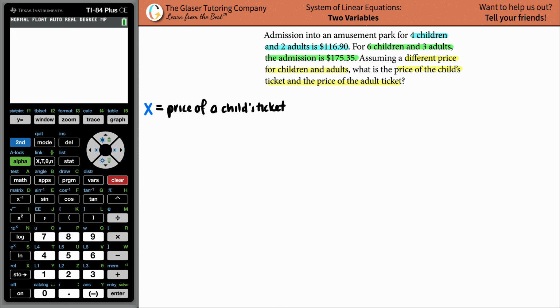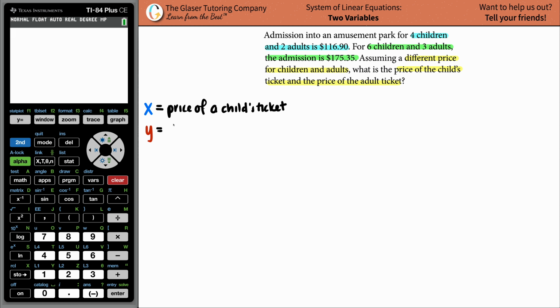And now we also need to find out the price of the adult ticket. Since they are different prices, it said assuming a different price for children and adults, I can't say that this is X again. If it's both X's, that means they are going to be the exact same price. So you have to use a different letter. If you say X, then the next letter comes Y, right?